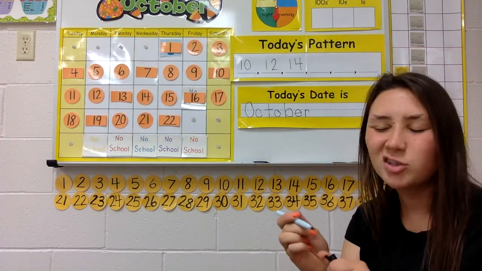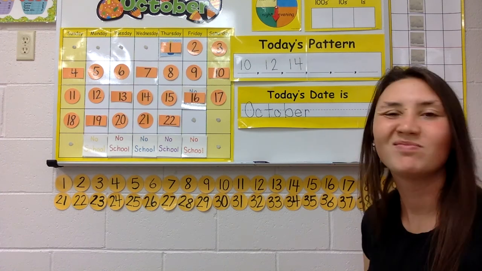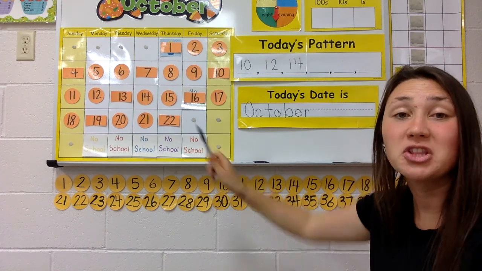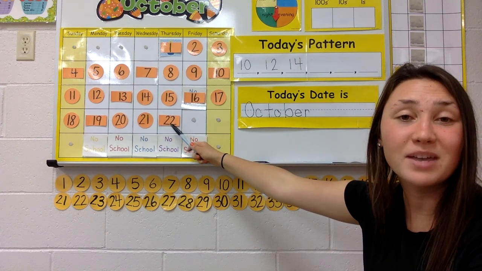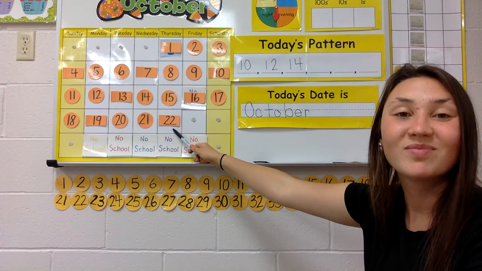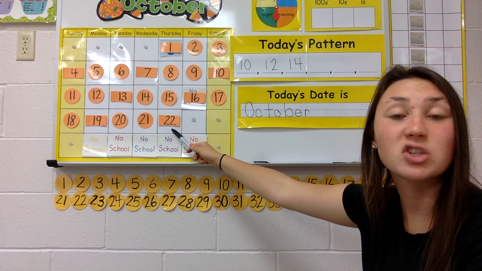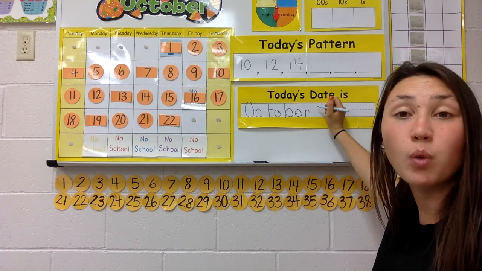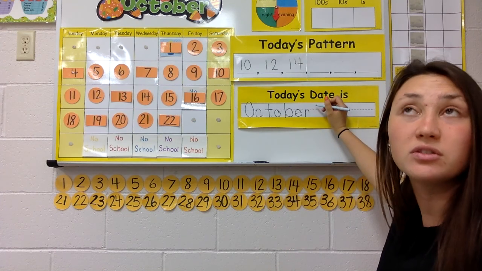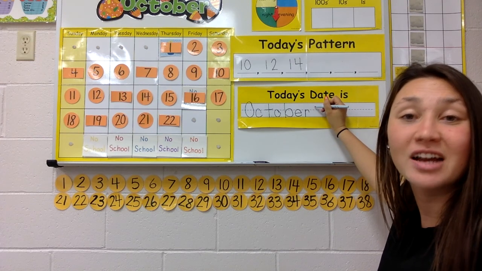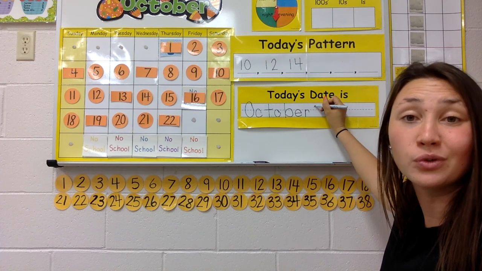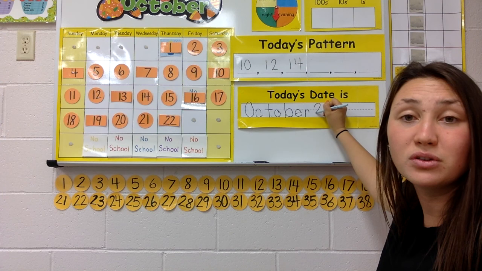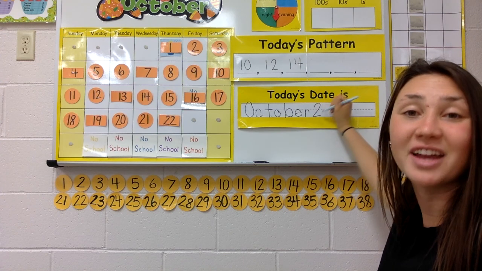Now, what day in October did we say again? If you don't remember, you can look at our calendar. What day are we at? 22, yeah, the 22nd. So let's write a 22 for 22nd, right? And a 22 has two twos. So you're gonna make two twos by curving around and sliding to the right.